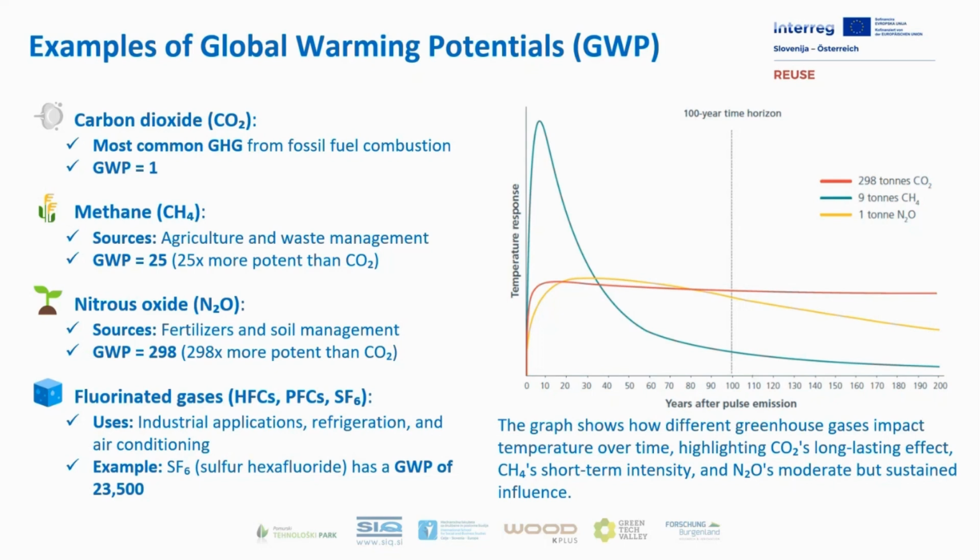Sorry, I didn't understand. Is CO2 the biggest problem in Europe, or some other gas? No, I know CO2 is the biggest problem, but are nitrous oxide and fluorinated gases also emitted a lot, or is it less compared to CO2?